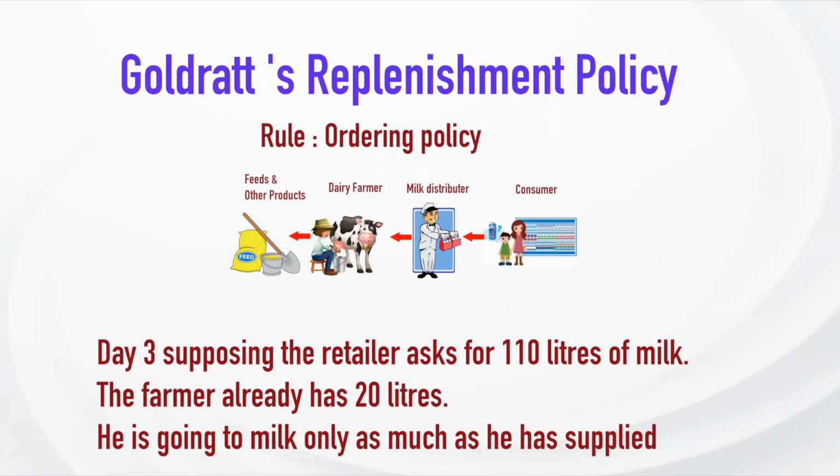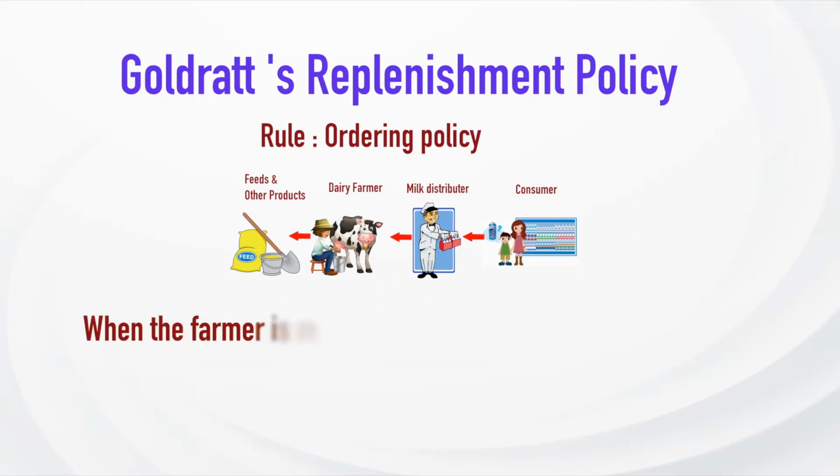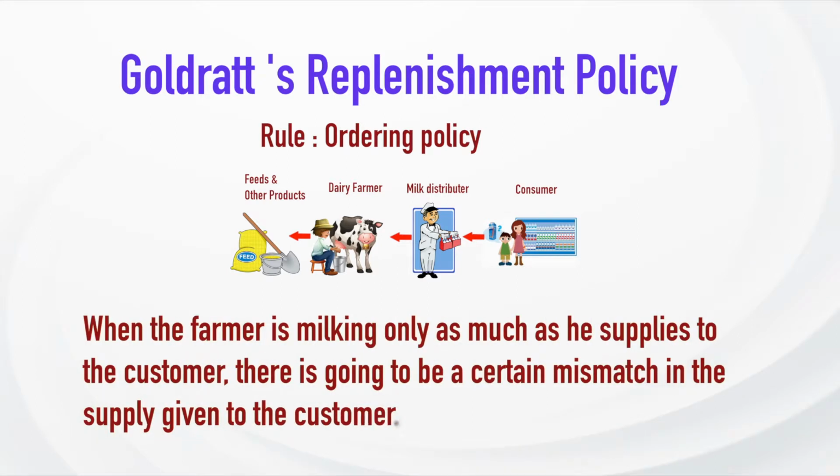So he is going to milk only as much as he has supplied on day 1. Simple, isn't it? Now, when the farmer is milking only as much as he supplies to the customer, there is going to be a certain mismatch in the supply given to the customer. This is maintained by the second rule.